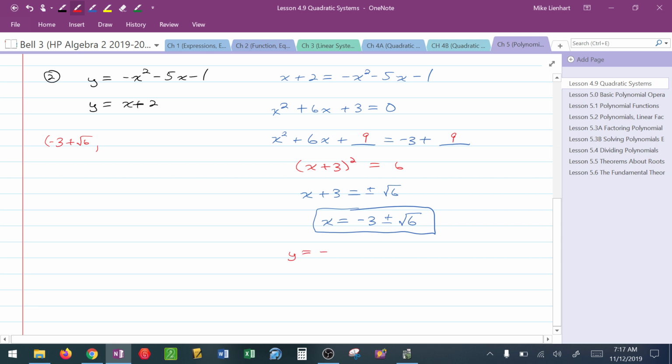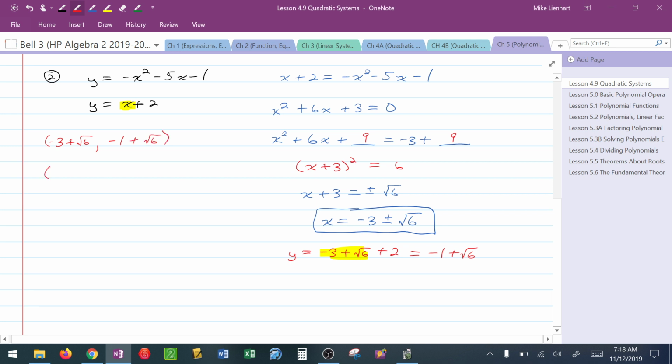Y equals negative 3 plus the square root of 6, and then plus 2 here. So remember, I'm replacing this x with what we found x to be. All right, I'm going to clean this up a little bit, and that gives me negative 1 plus the square root of 6. I can't put them together because one's rational and one's irrational, so I know that that's my y value for that corresponding x value.